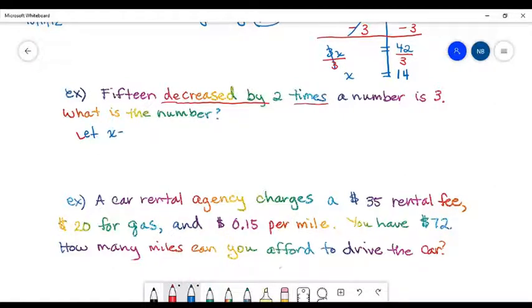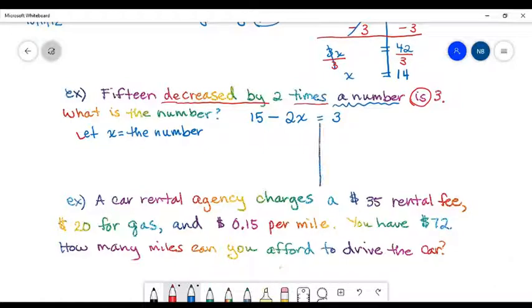We're looking for the number, okay? 15 is our starting amount. It's decreased by 2 times a number. So it's 15 minus 2 times x, or 15 minus 2x. Remember, is means equals 3. 15 minus 2x equals 3.